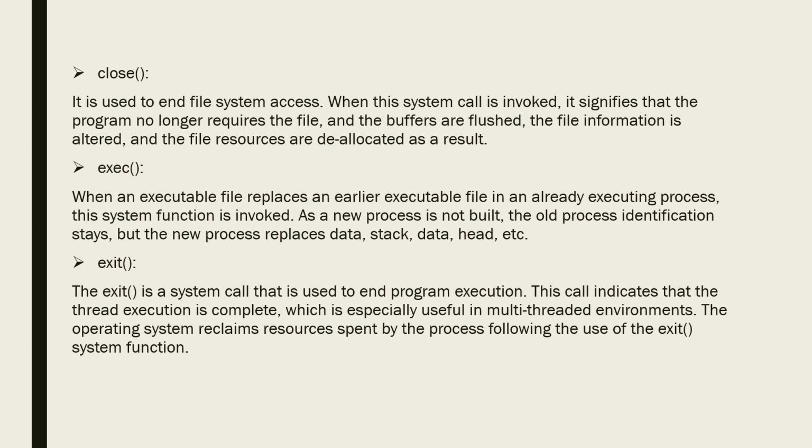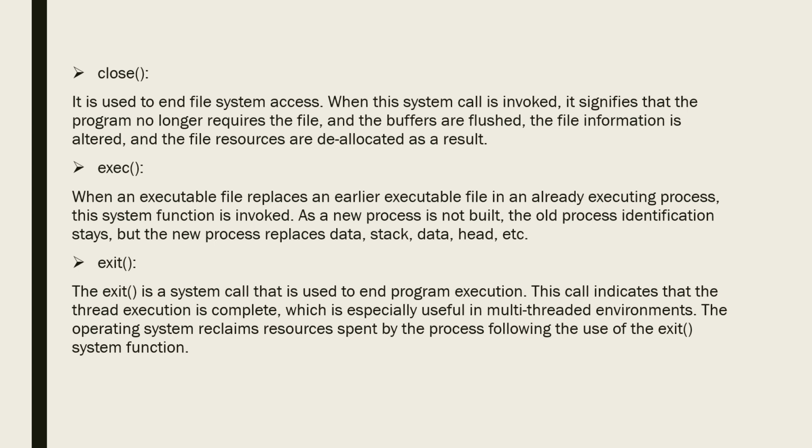Now let us see about the close method. It is used to end file system access. When the system call is invoked, it signifies that the program no longer requires the file and the buffers are flushed. The file information is altered and the file resources are deallocated as a result.